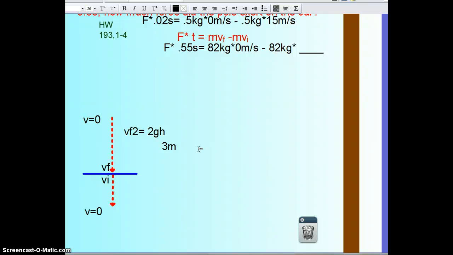You should be calculating this on your own if you don't have it already done. 3 times 9.81 times 2. That's 58.86. Square root that. I have a velocity of 7.67 meters per second as he hits the water.